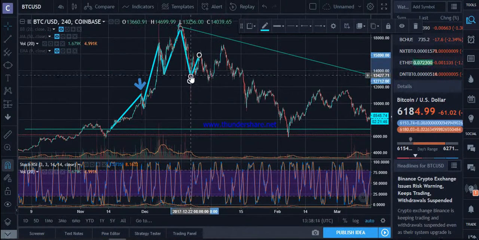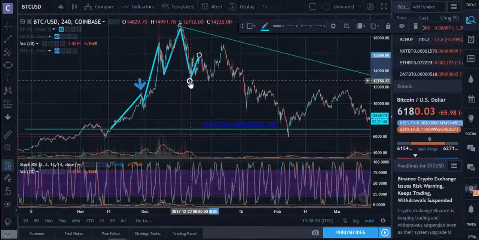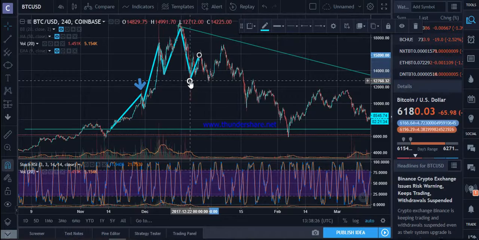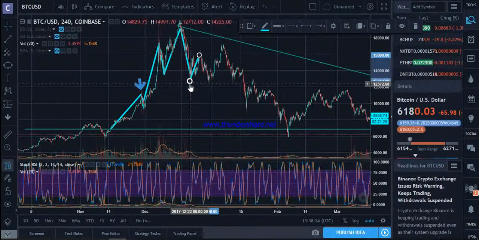So realize this is the A. There is actually a rule for the correction. The B correction does a 30% retracement from wave 5. So when you retrace down like that, it forms the A here.